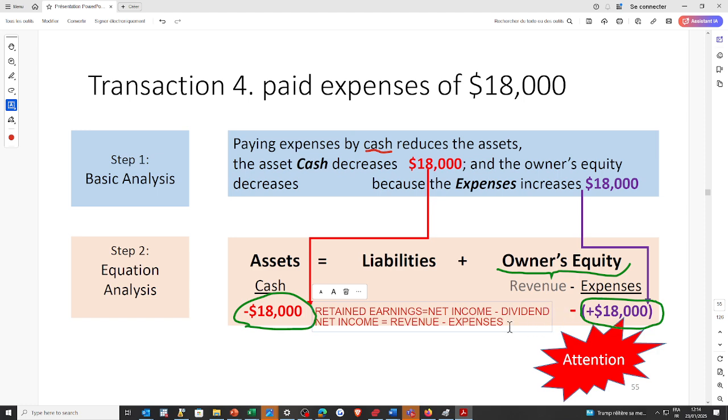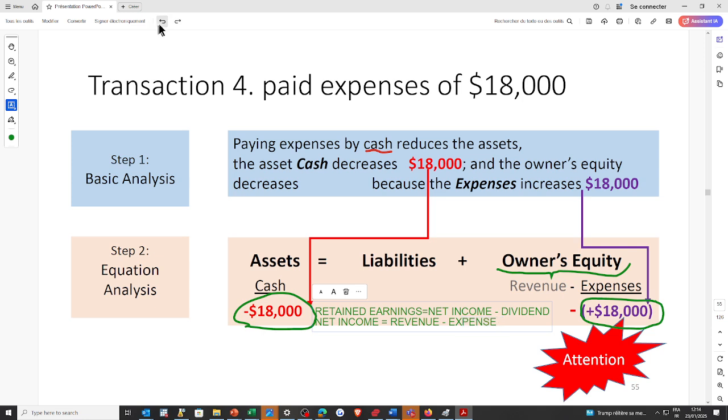So in this example, you can see that your expense here increases, right? So your expense increases, which means that your owner's equity should decrease, right? So you have to pay very close attention here because there's an increase in expense but a decrease in the owner's equity.